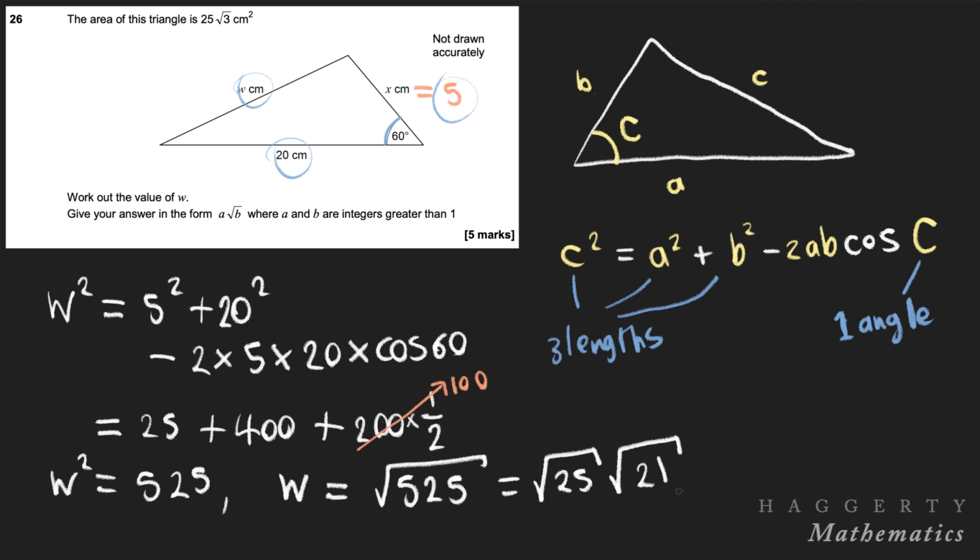Yeah, I think I'm right, 21. And then the root 25 here is just 5. So this is going to be 5 root 21. And that puts the answer in the form that we were looking for. The A here is the 5, and the B is 21. So that concludes 26.